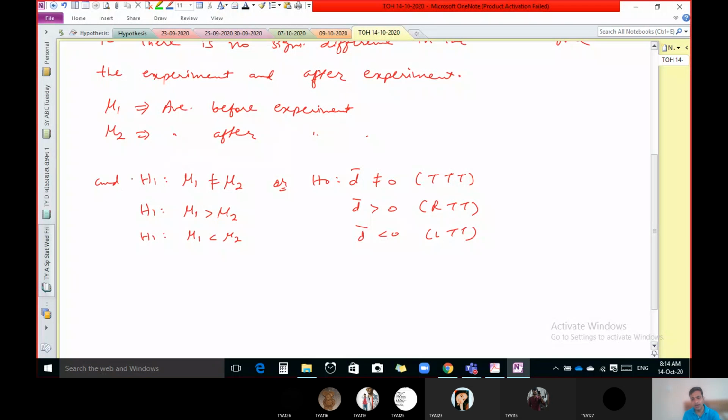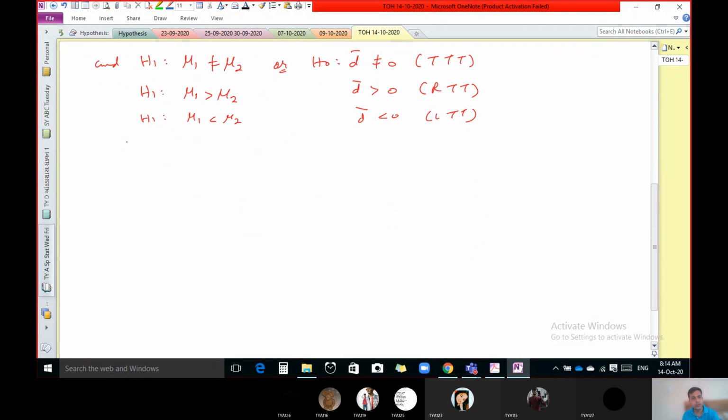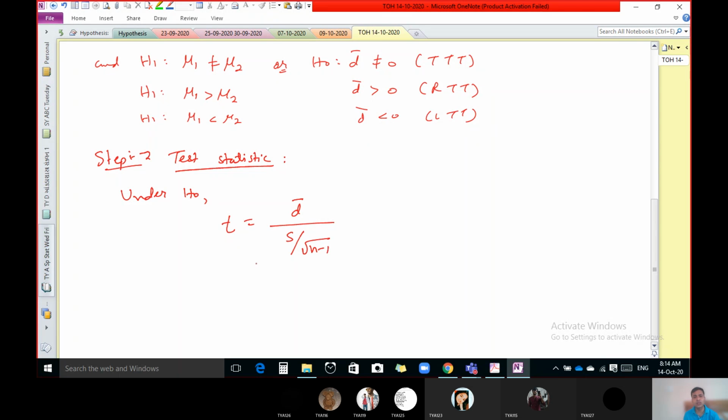Now step 2. Test statistic. The formula is, under H naught, T equal to D bar upon S upon root n minus 1. This is the formula. Or you can write D bar into root n minus 1 upon S. It's the same thing.